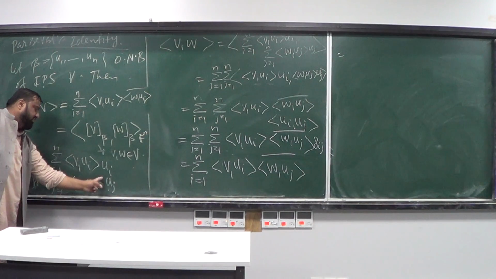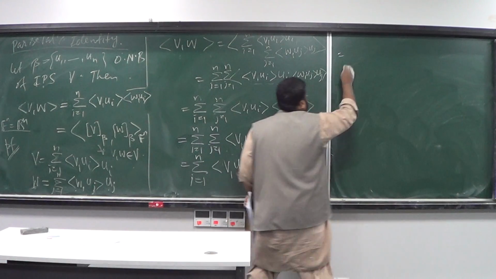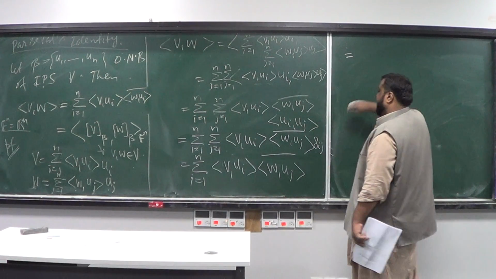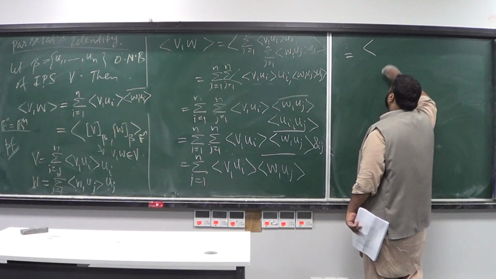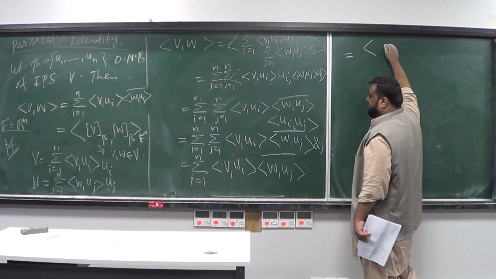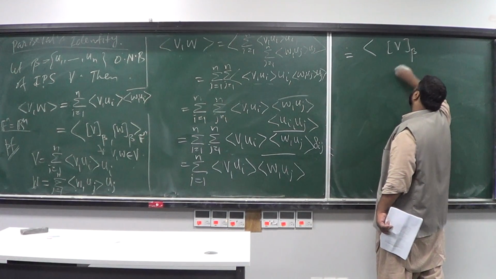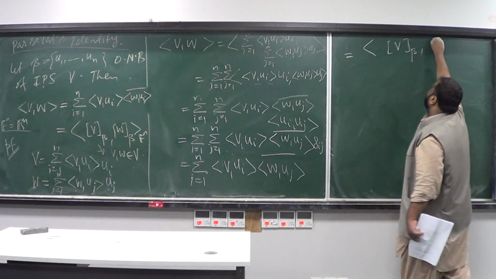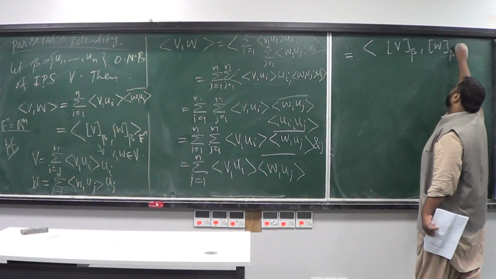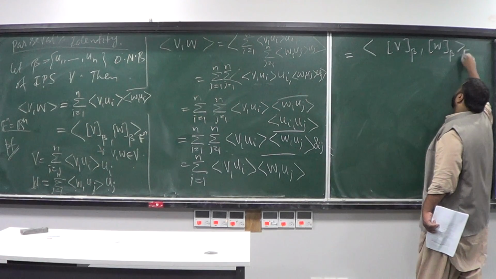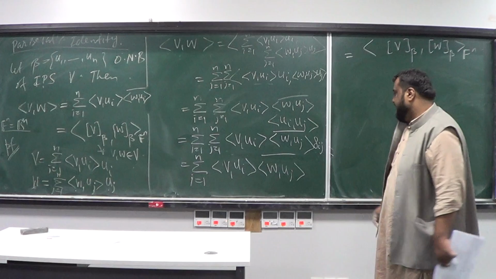So hence you can write this as the inner product, or the scalar product, of the coordinate vector of v with respect to basis beta and the coordinate vector of w with respect to the basis beta in F^n. So this is what you're going to get.